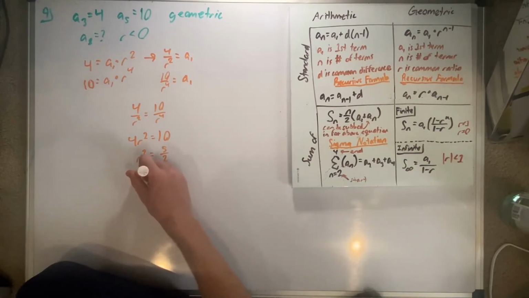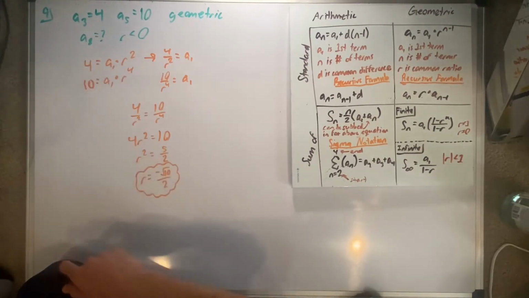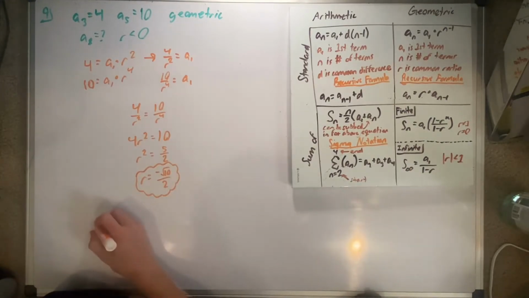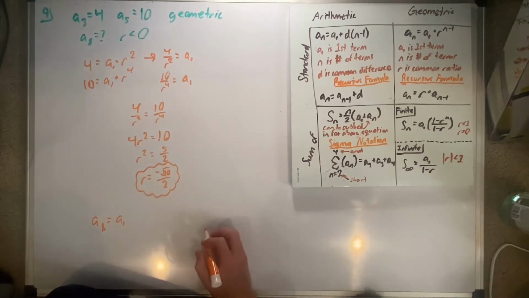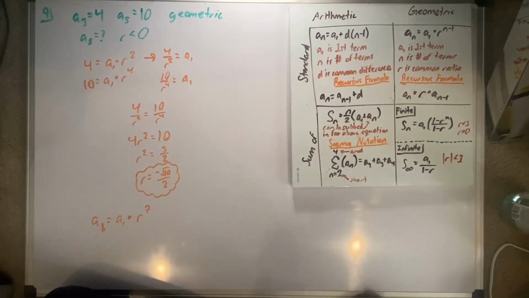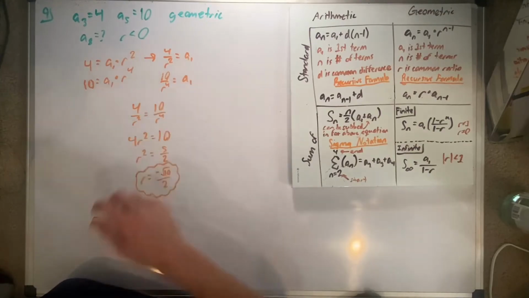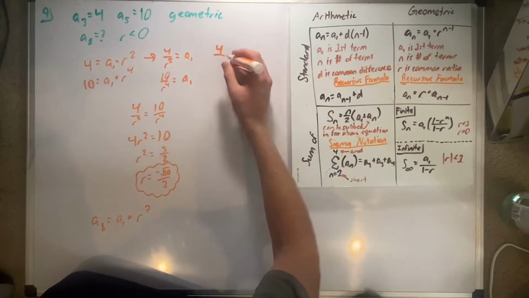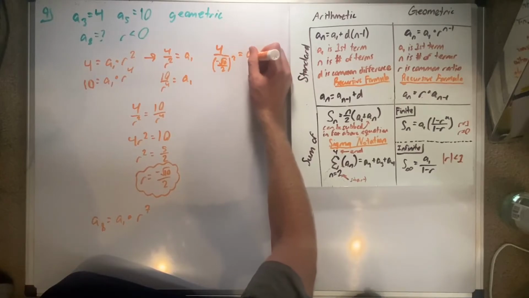So we know that this is our common ratio, and we need to know a_8. So now let's plug in. a_8 is equal to a_1 times r to the 7th. So first what we're going to do is use these equations right here that we got to solve for a_1. So 4 over negative rad 10 over 2 squared is equal to a_1.